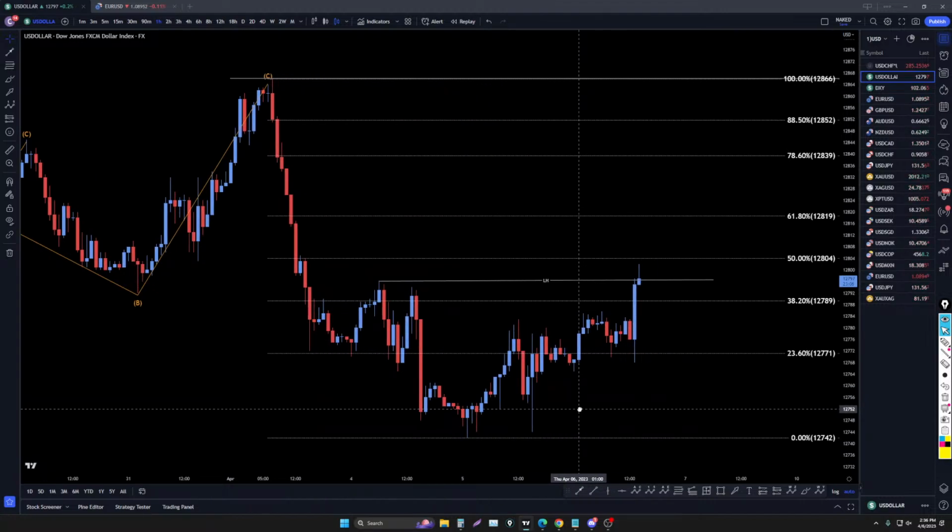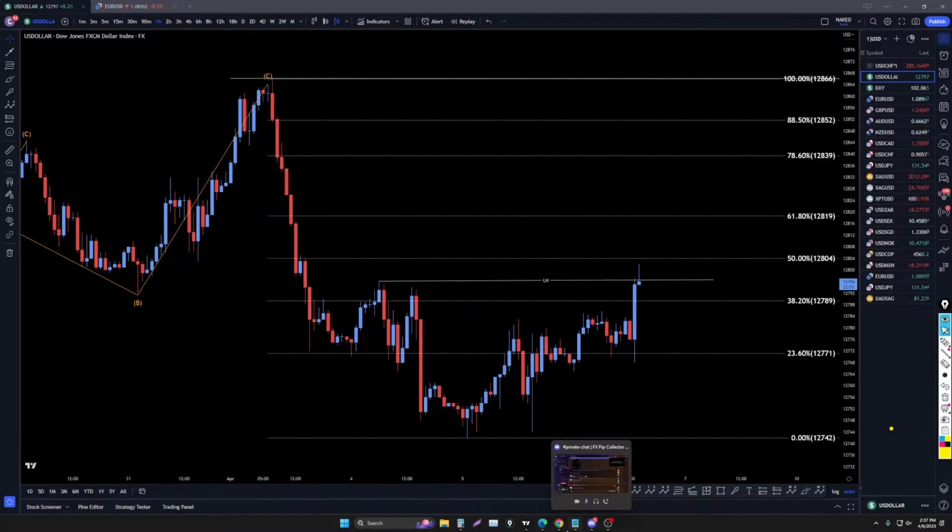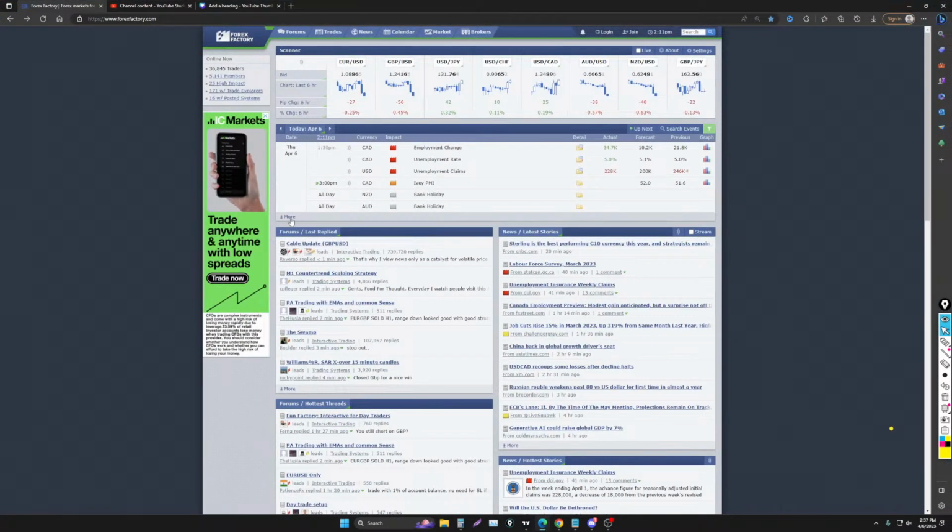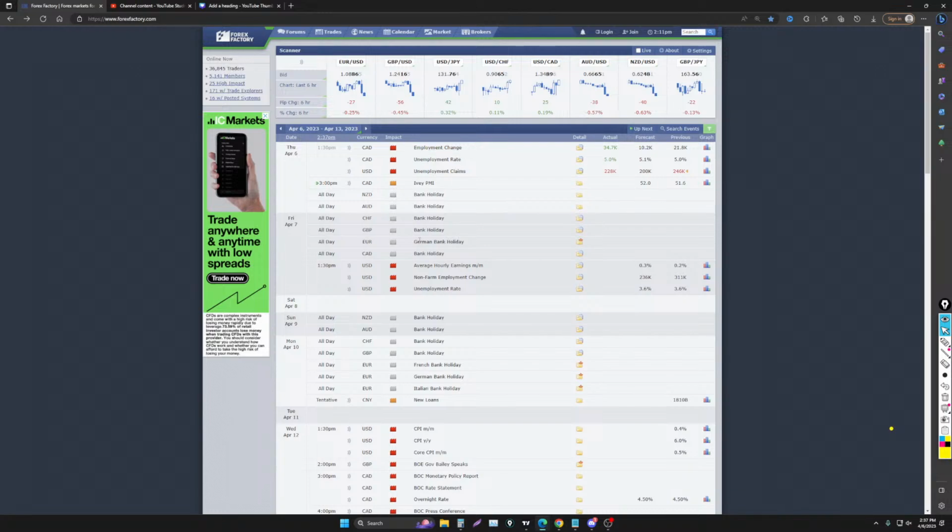On the 1 hour time frame, we do have to remember tomorrow is non-farm payroll. Now it's a little bit of a unique situation, because tomorrow is a bank holiday pretty much everywhere except for the US and maybe Asia. Pretty much all of Europe has a bank holiday tomorrow, and then Monday is a bank holiday for most of Europe and Britain and Australia, New Zealand.